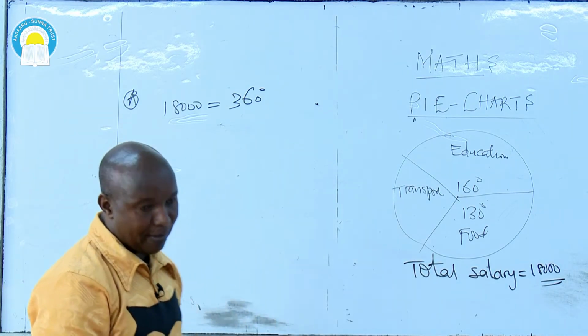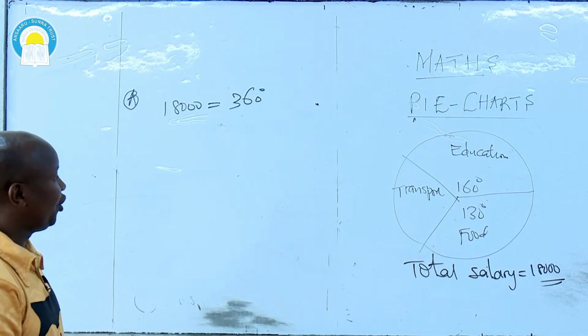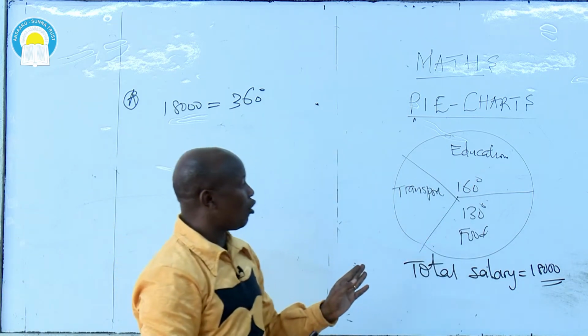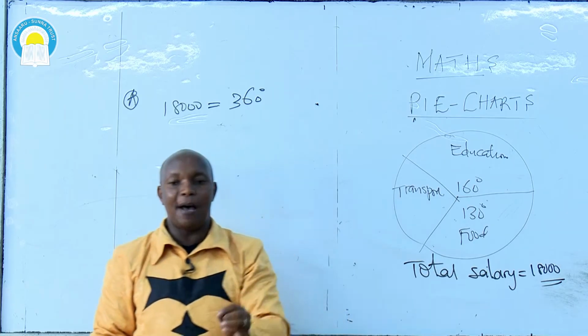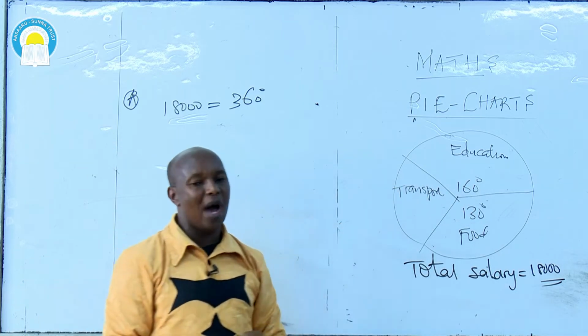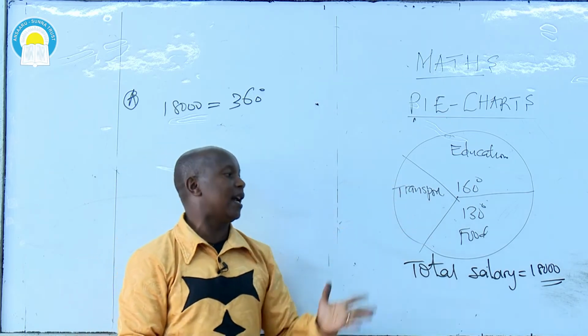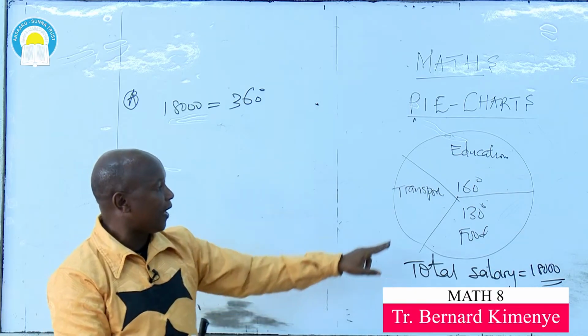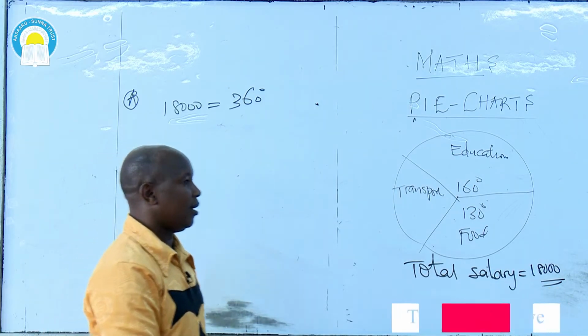A pie chart must have a total of 360 degrees, and you are given education as 160 degrees and food as 130 degrees.